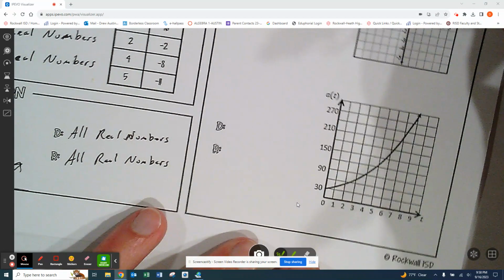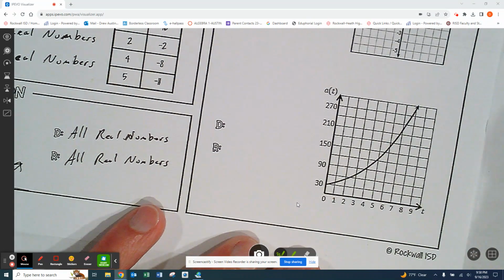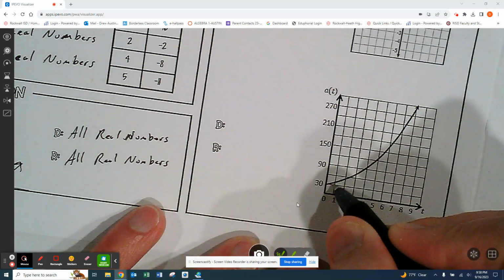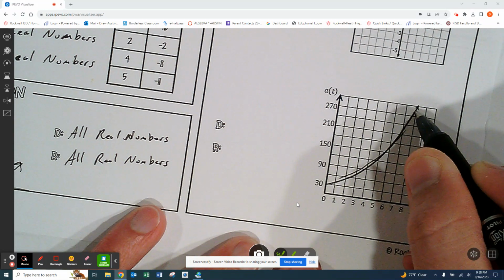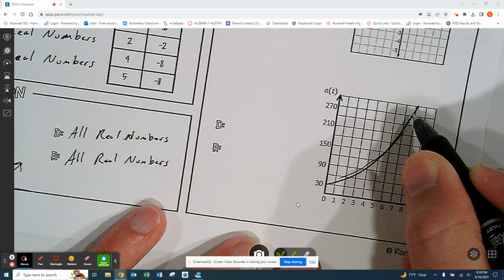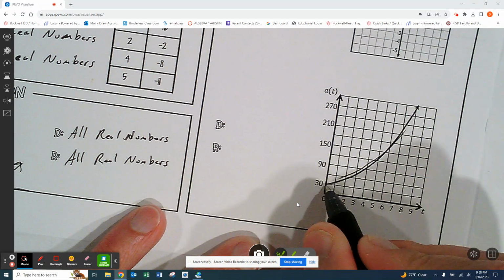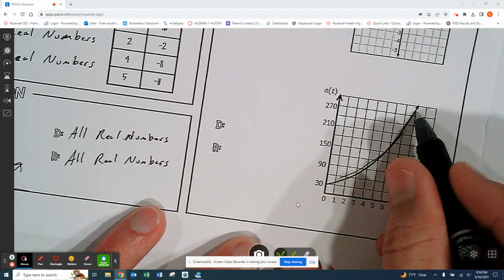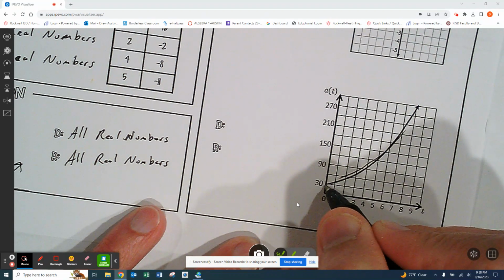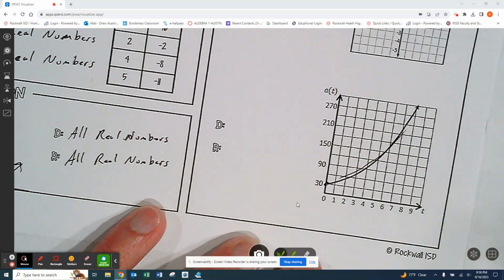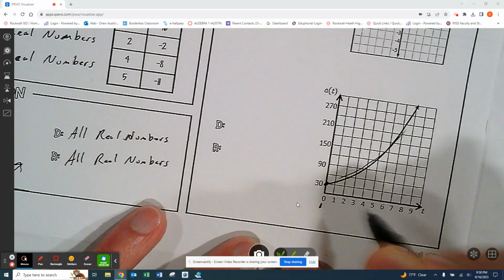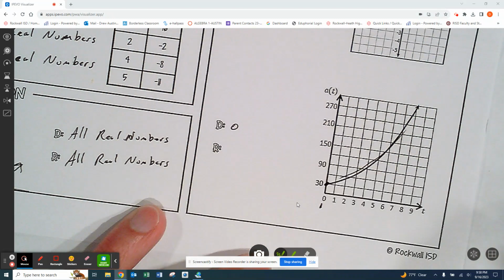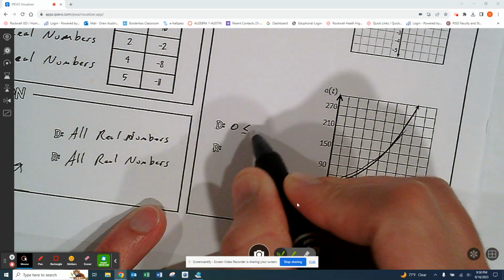Here I have an exponential function. Because of this exponential function, what I know is it looks like it goes on forever, increasing forever. But what it looks like here is that I do not have an arrow. So it stops here. Therefore, my domain starts here at 0, and it goes on forever.